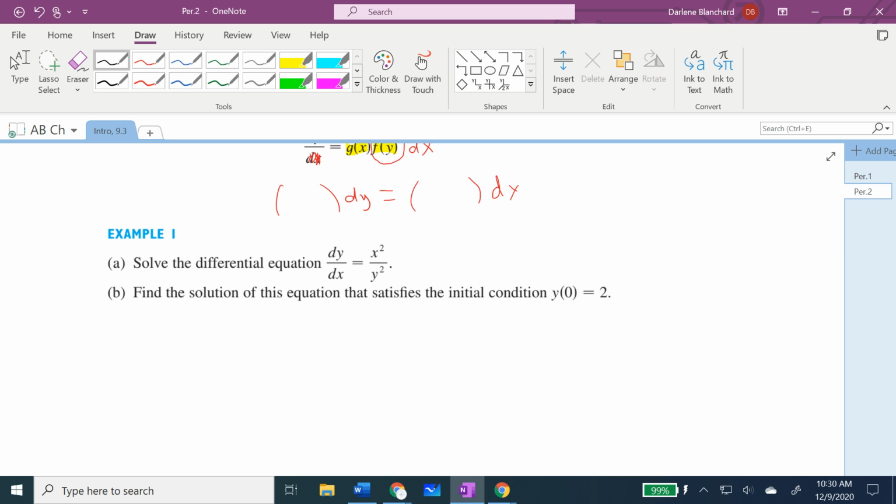It's very important that you make sure, as you do the algebra and move things around, dy must be multiplied to everything that is going to make up its integrand. Dx has to be multiplying by everything that makes up its integrand. Know that that is a key issue.